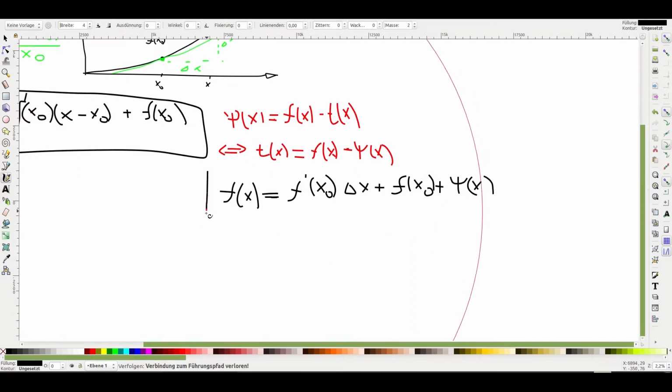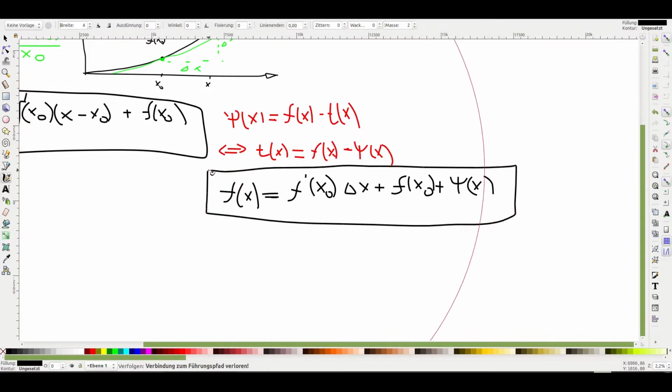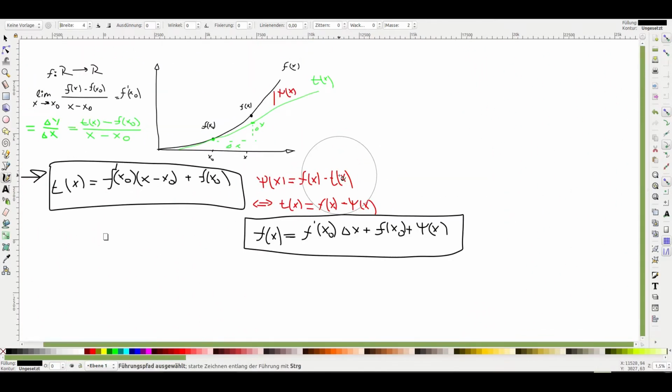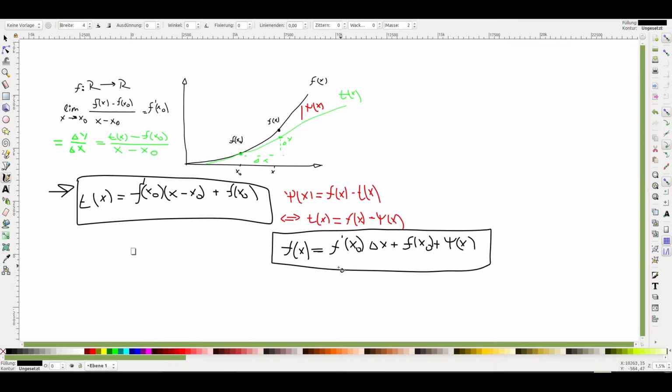So now we can say a function f is differentiable in the point x0 if we can find such an approximation of this function.